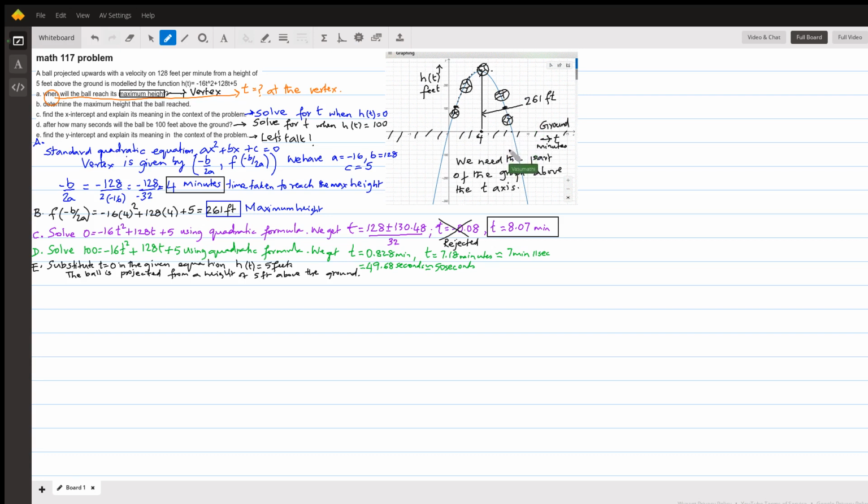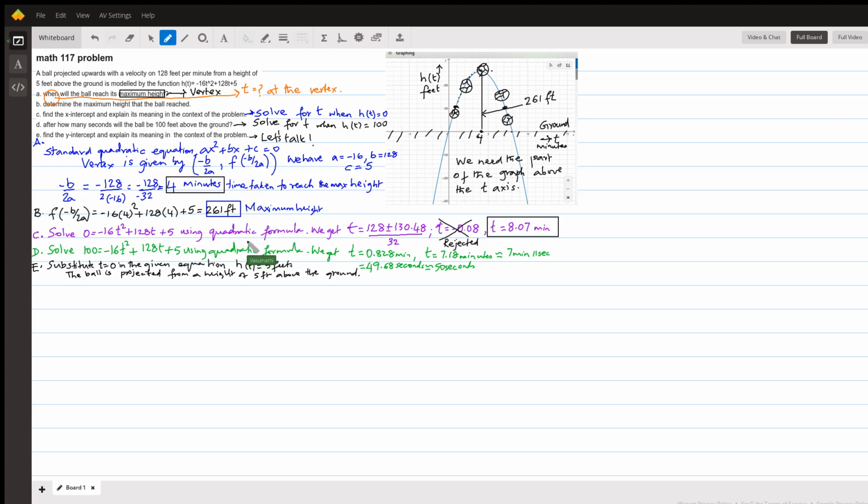Part E is find the y-intercept and explain its meaning in the context of the problem. The y-intercept is the value of the y coordinate when the value of x is equal to 0. So when you put t equal to 0 in the original equation, we get h(t) equal to 5 feet.